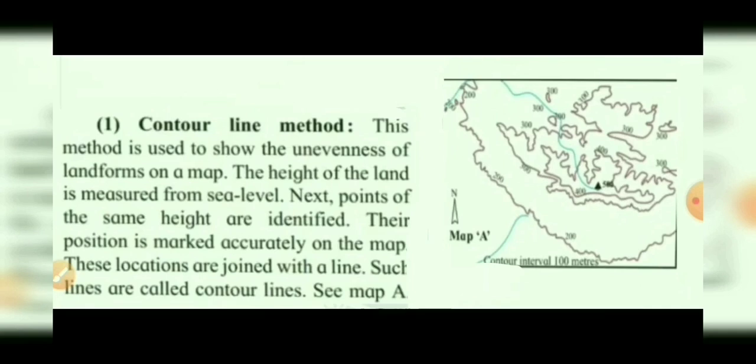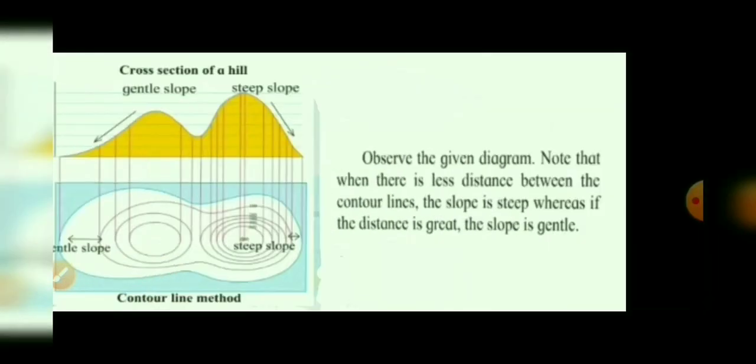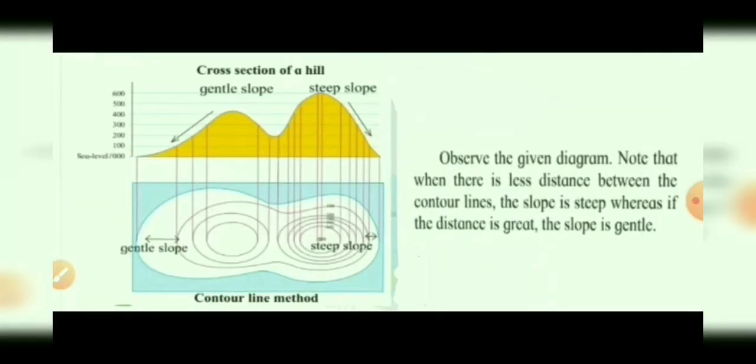Such lines are called contour lines. As you all can see, map A. Observe the given diagram. Note that when there is less distance between the contour lines, the slope is steep, whereas if the distance is great, the slope is gentle.